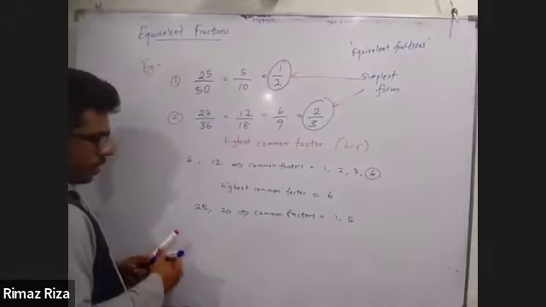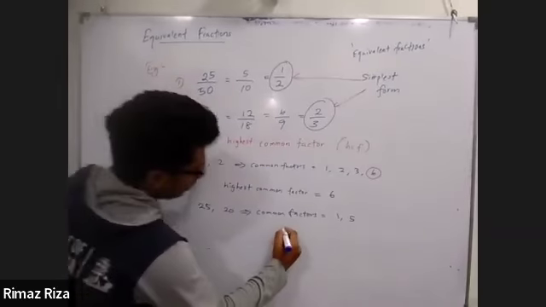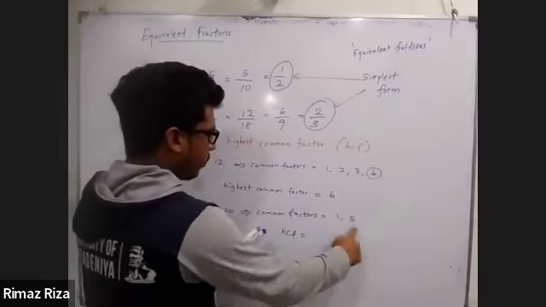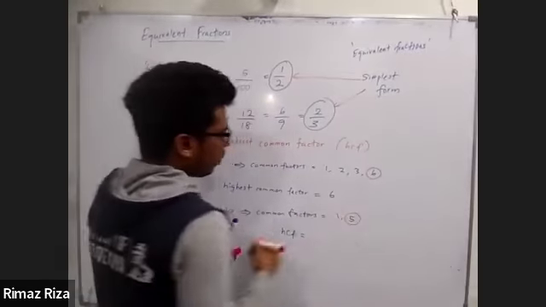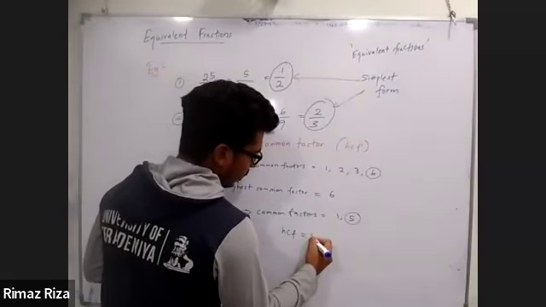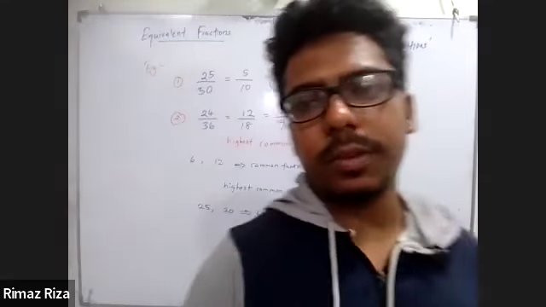So we have common factors 1 and 5. Out of that, the highest common factor, HCF, is the highest value. Out of these common factors, the highest value is 5.